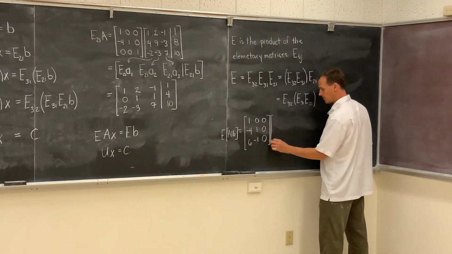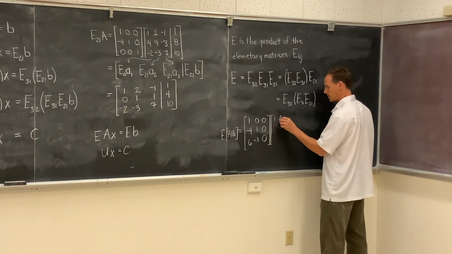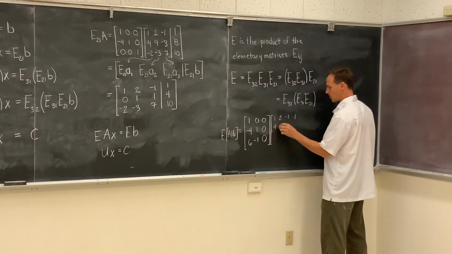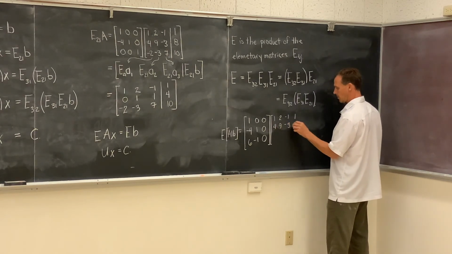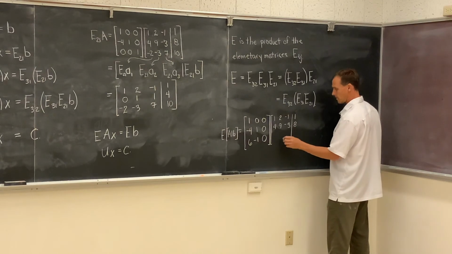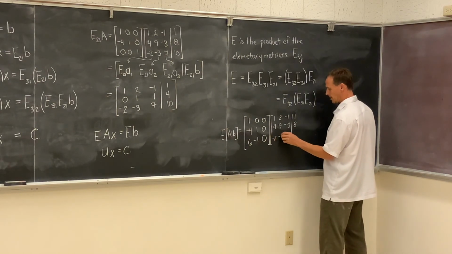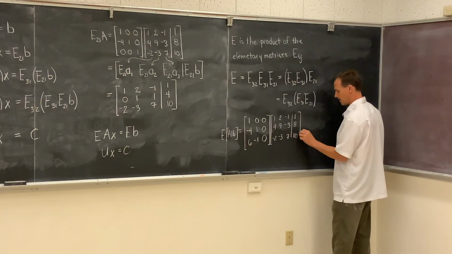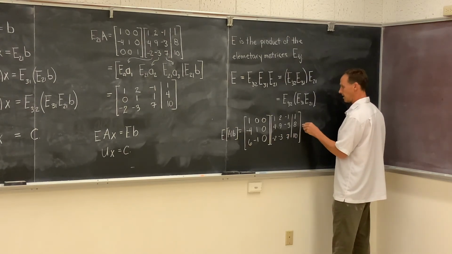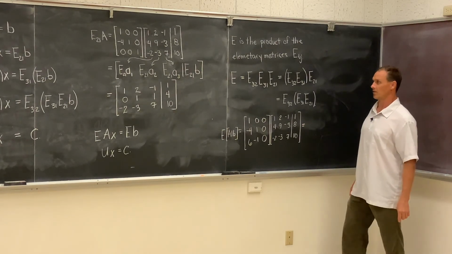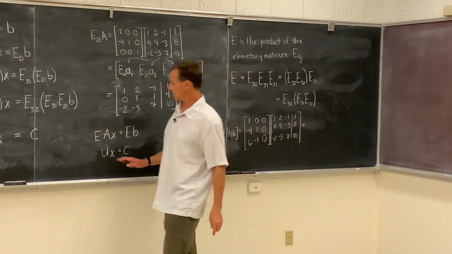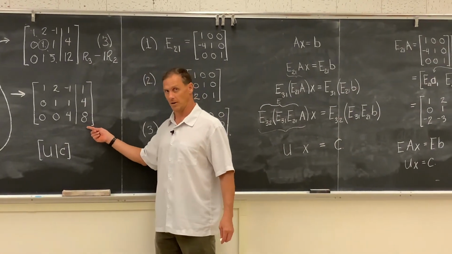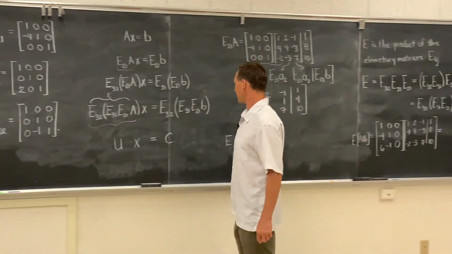So that's going to be 1, 2, minus 1, 1, 4, 9, minus 3, 8, and minus 2, minus 3, 7, 10. All right, and let's see, do I get UC? If we did all of this correctly, we would end up with this matrix right here. Okay, let's check.